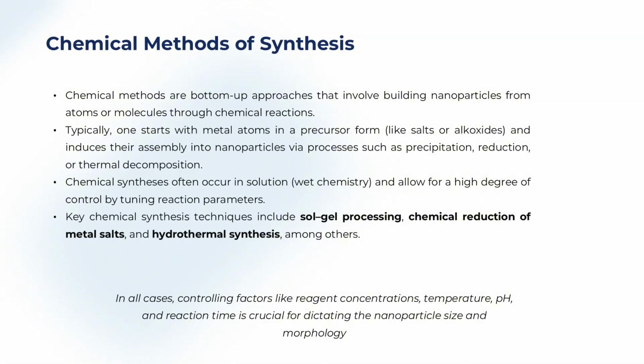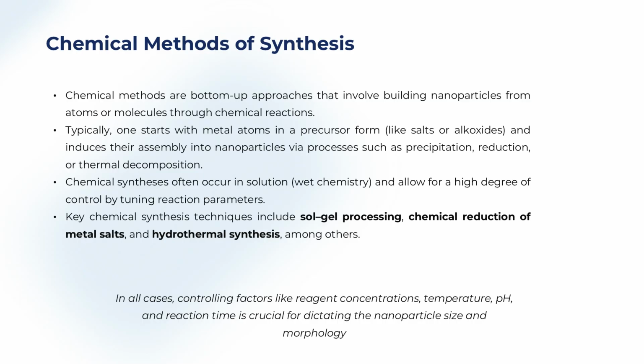Let's talk about the chemical methods. Chemical methods are bottom-up approaches that involve building nanoparticles from atoms or molecules through the chemical reactions. Typically, the person can start with the metal atoms in the precursor's form and induce their assembly into the nanoparticles via processes such as precipitation, reduction, or thermal decomposition.